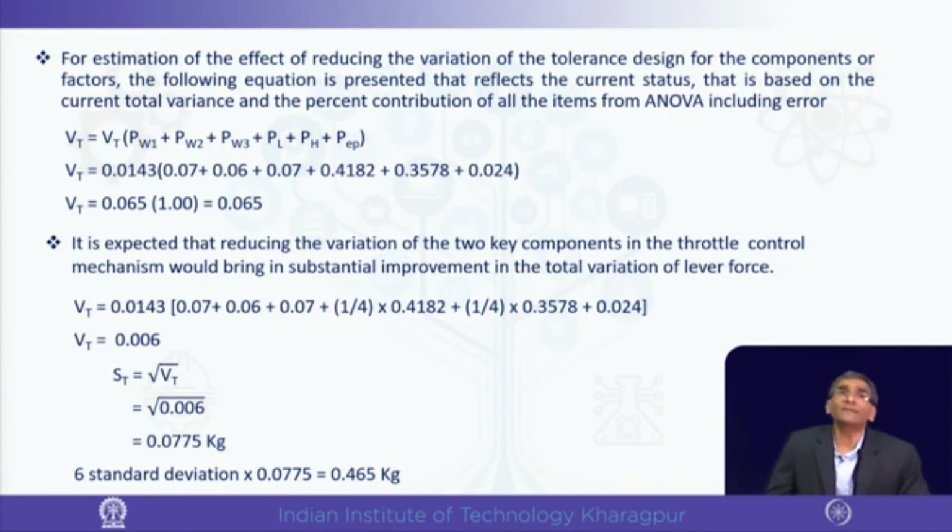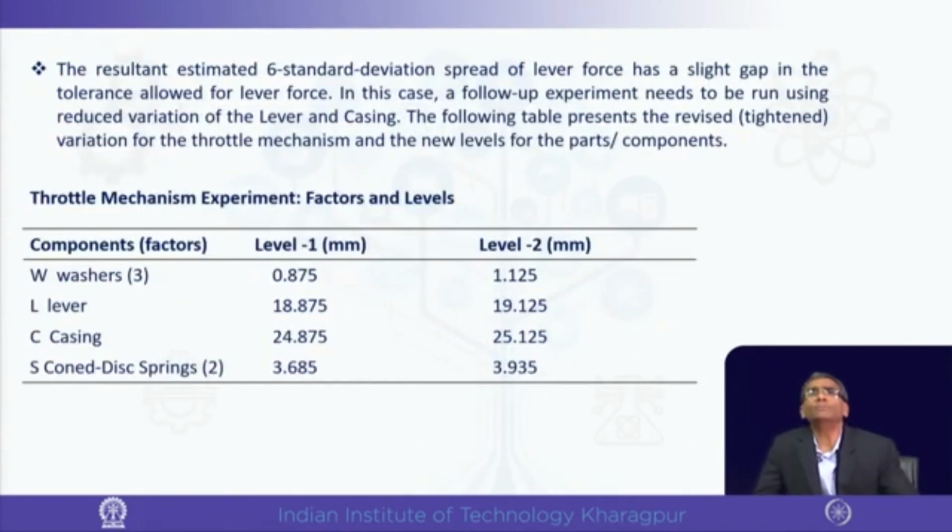Now, 6 standard deviation of that 0.0775 kg is 0.645 kg. Now, we will see if that works. So, here you see that the first and last were the same, but in the middle two, the lever and casing, we are reducing the range, which was 18.75 to 19.25.